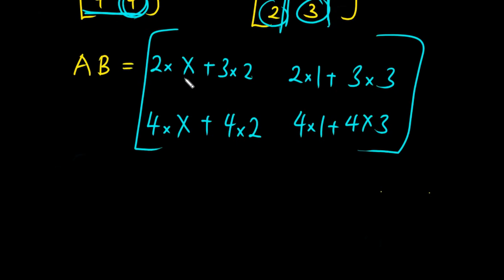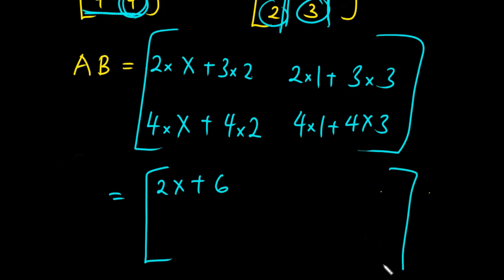So we can now simplify this. 2 times x is 2x, plus 3 times 2 is 6, so it's 2x plus 6. Then 2 times 1 is 2, plus 3 times 3 is 9, so it's 11. 4 times x is 4x and 4 times 2 is 8, so this is 4x plus 8.